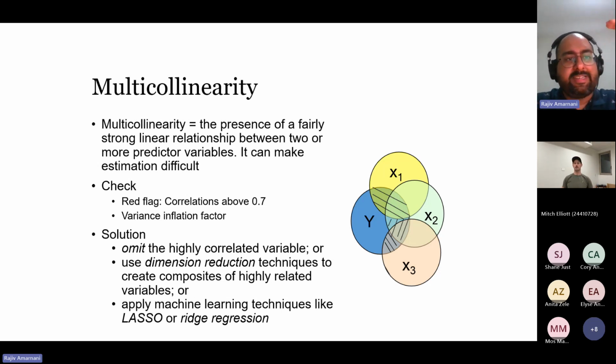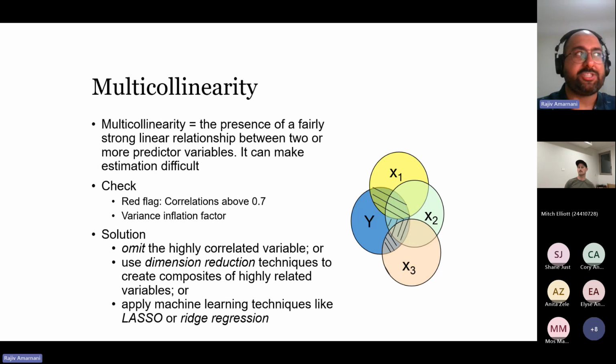There is a slightly less severe, but still problematic version of this, where if your predictors are correlated at like 0.7, 0.8 with each other, you often get what's called a suppression effect, and that can completely stuff up your results. We're going to talk more about suppression later.